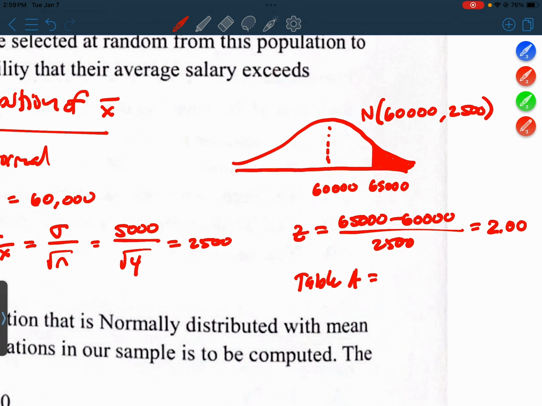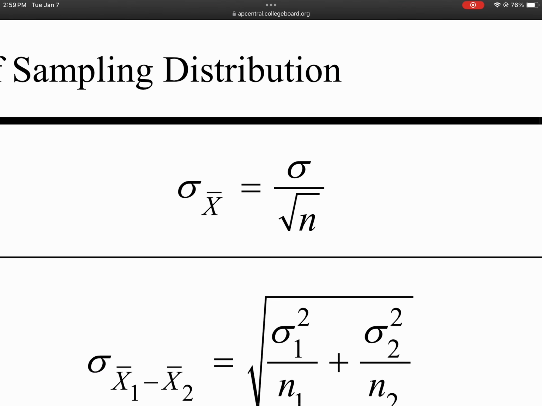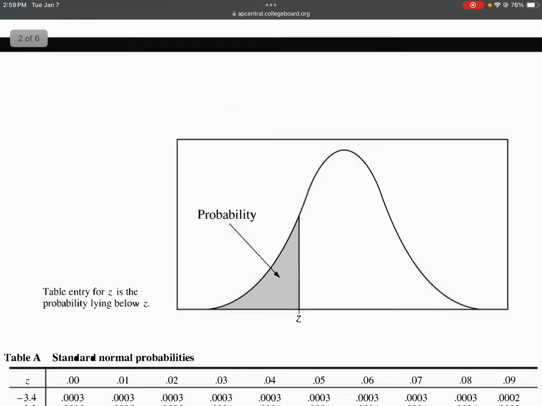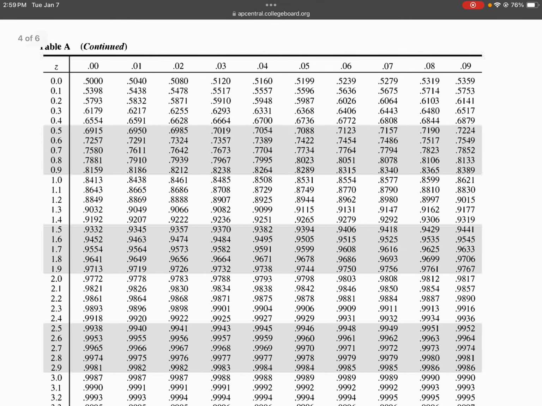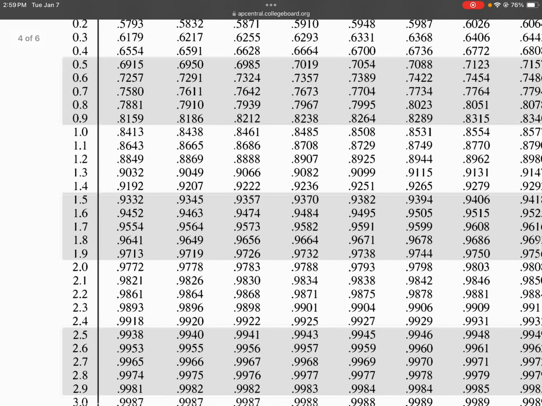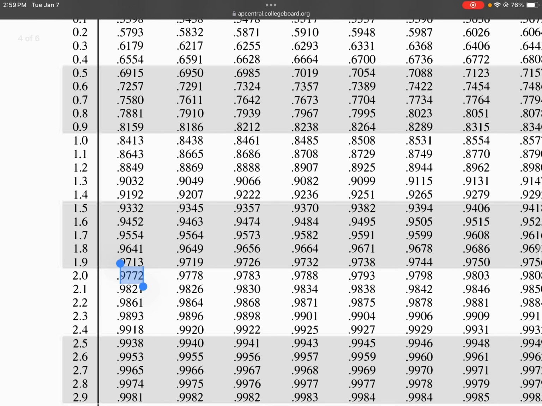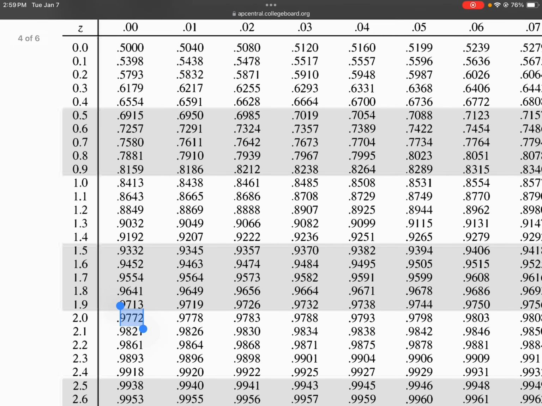Now, let's look that up in Table A. It's 0.9772.